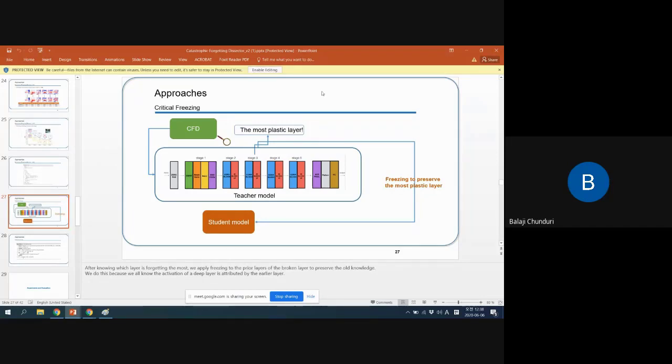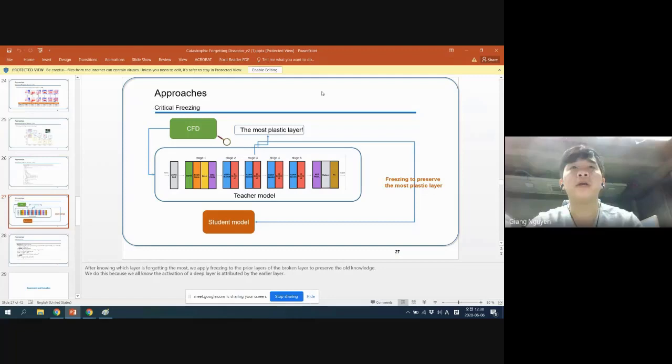I was just trying to understand the highlight of your paper. Usually what we say is that later layers are more specific and early layers are very generic. So are you trying to find the point where this transformation happens using the CFD method? Yeah.